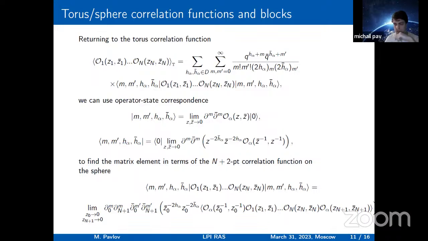It means we just go to spherical coordinates, and we don't think about boundary conditions, because on the torus there are boundary conditions, and we just wanted to see what happens.